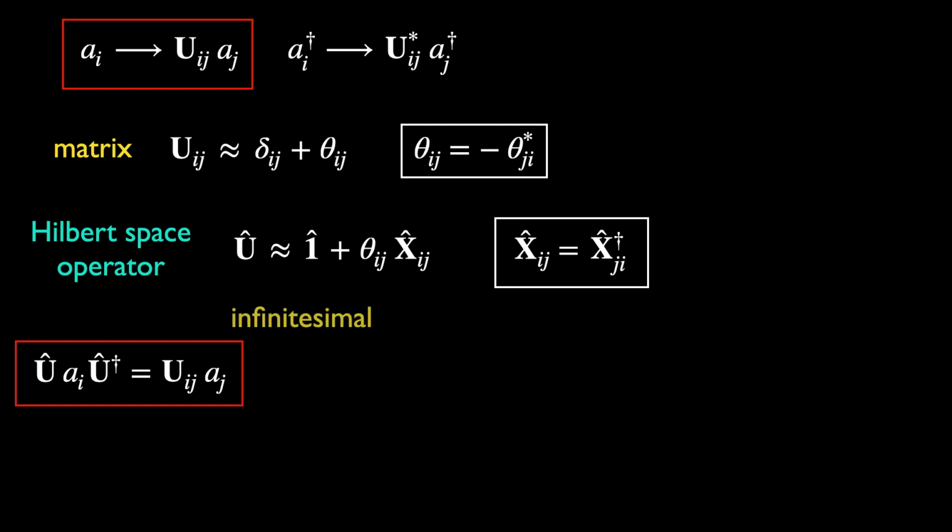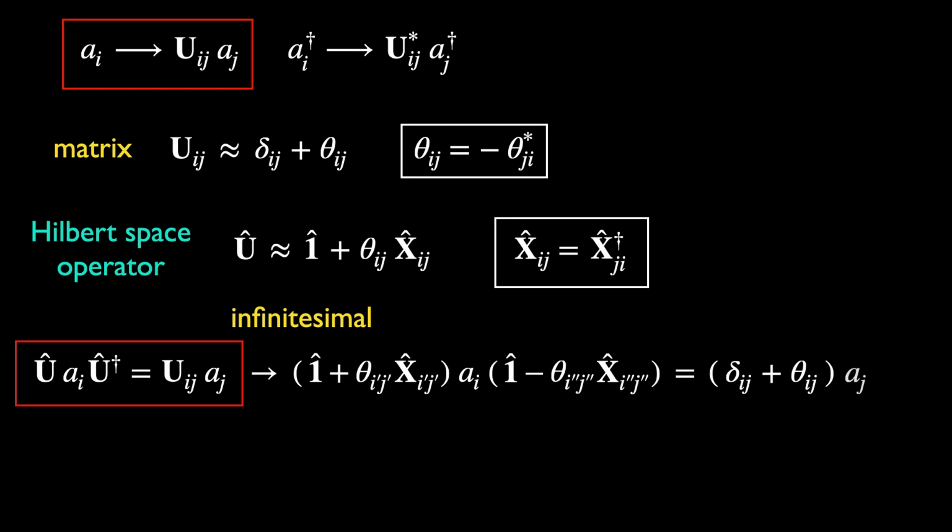Again, we just need to consider an infinitesimal transformation. Substituting in U hat and the matrix U, we have a minus sign appearing for U dagger, since this second term is anti-Hermitian.